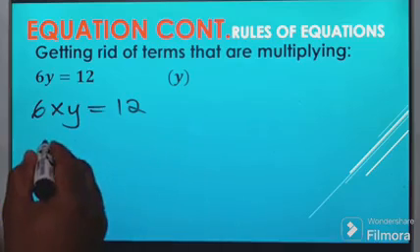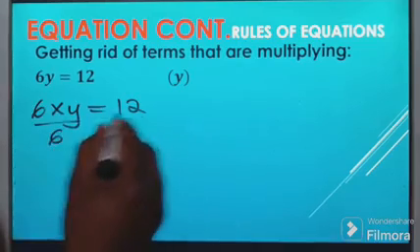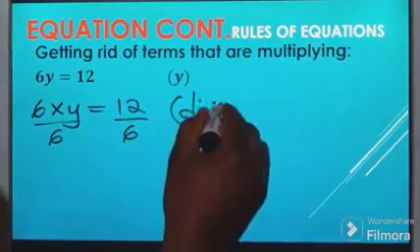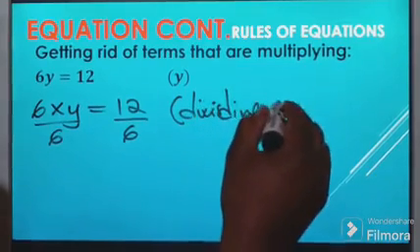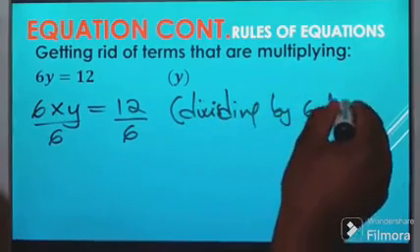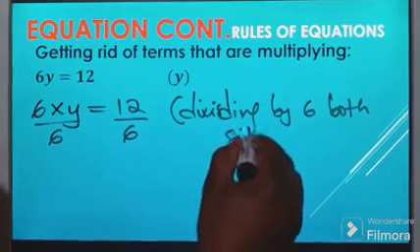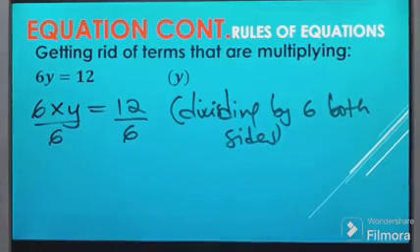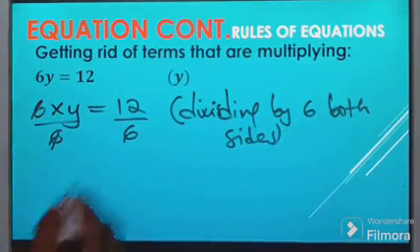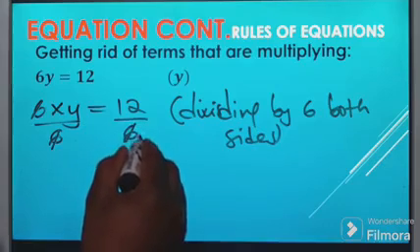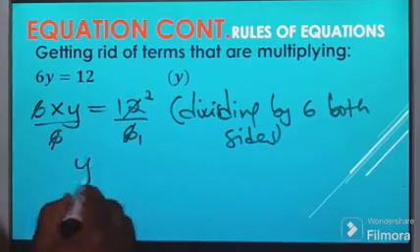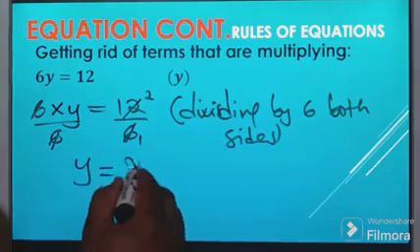So we divide by 6 both sides. This 6 and this 6 cancel each other, and 6 goes into 12 twice, and y is equal to 2.